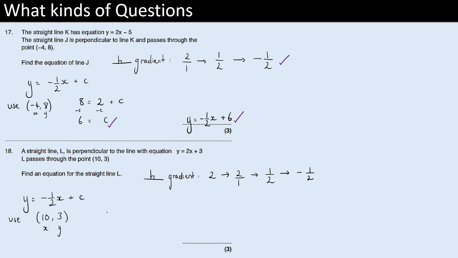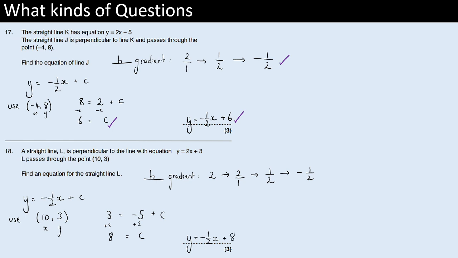So 3 equals negative a half of 10, which is negative 5, plus c. Now, add on 5 to both sides. We get 8 is equal to c. And our equation is y equals negative a half of x plus 8.